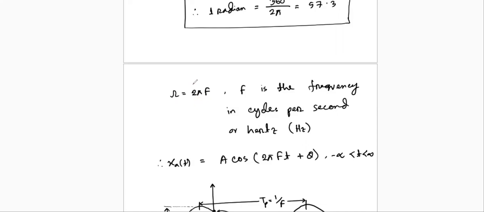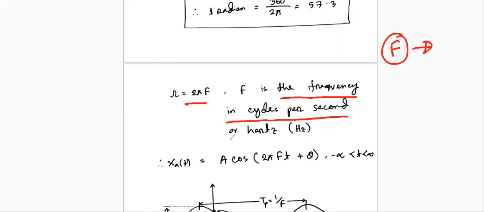So omega is equal to twice pi F, where capital F, try to memorize this or remember this, the capital F throughout the semester we will take as the frequency in cycles per second or hertz. So basically what we are mentioning as a frequency, this is the frequency, capital F.